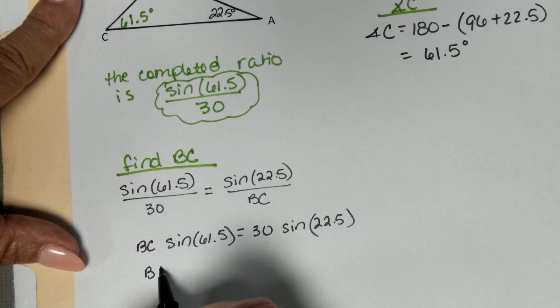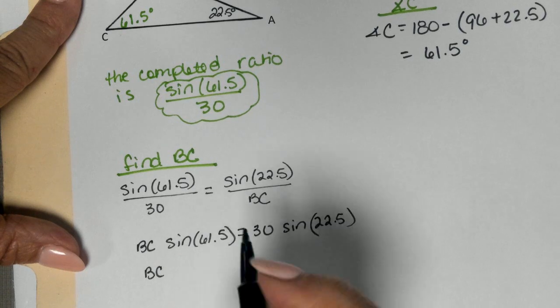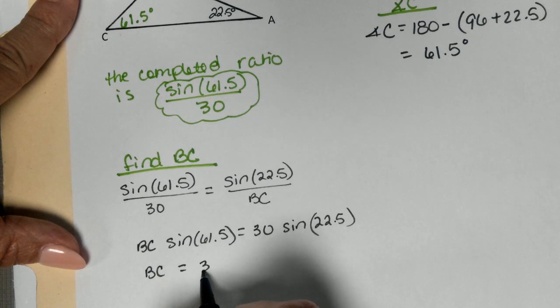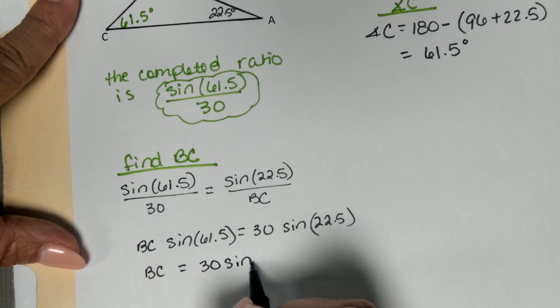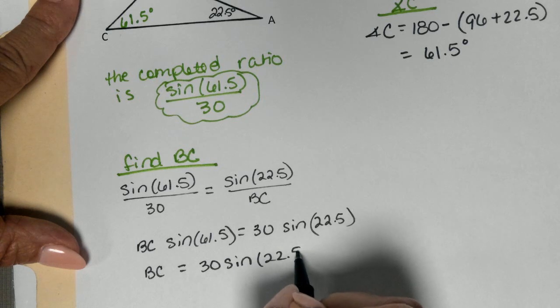And then we'll divide both sides by the sine of 61.5. Get all of that written out.